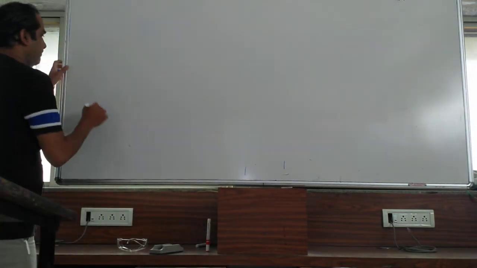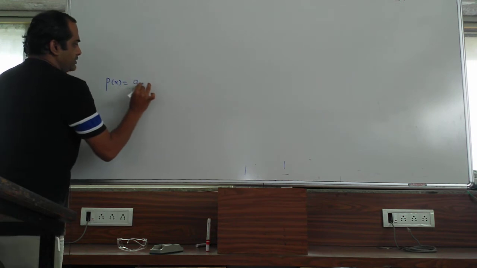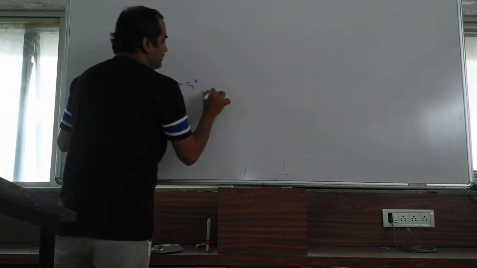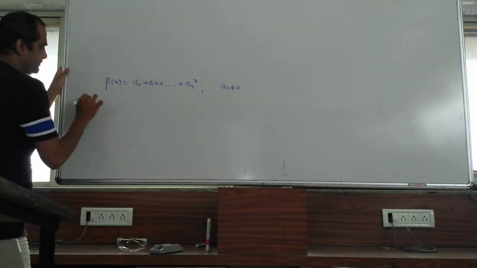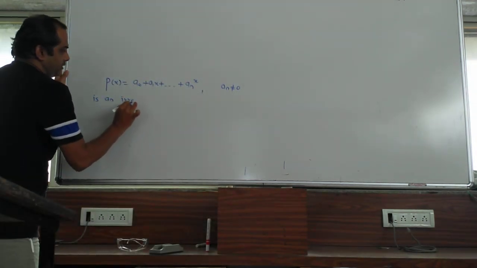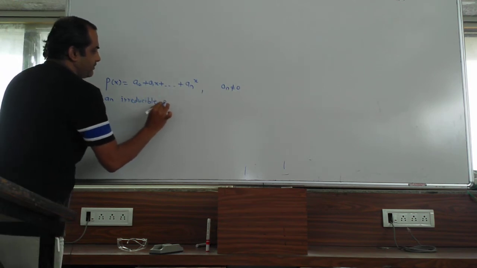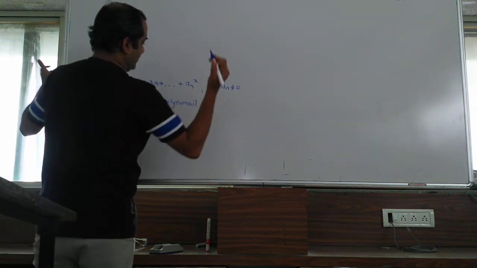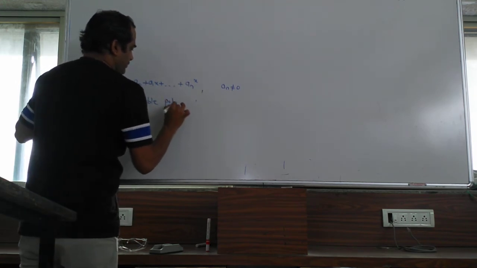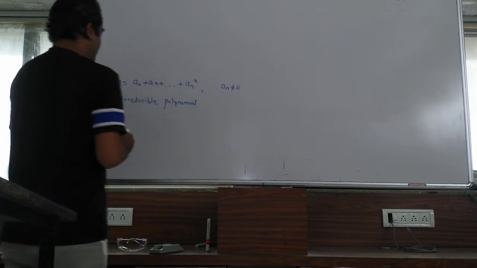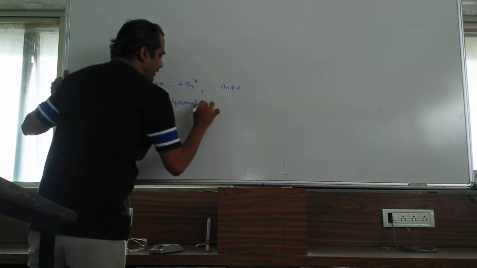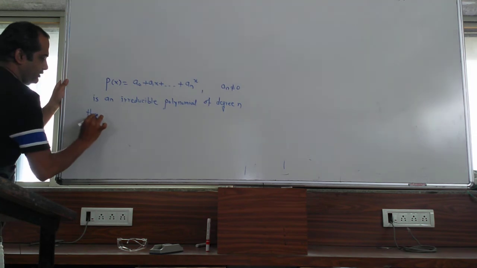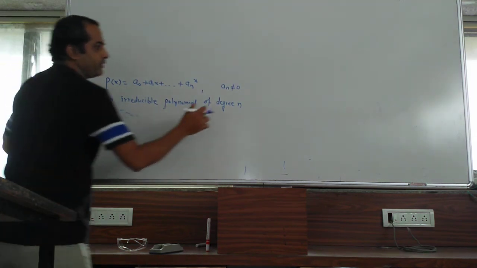So if p(x) = a0 + a1x + ... + anxⁿ, with an not equal to 0, is an irreducible polynomial of degree n, then E is an extension of degree at most n over F.